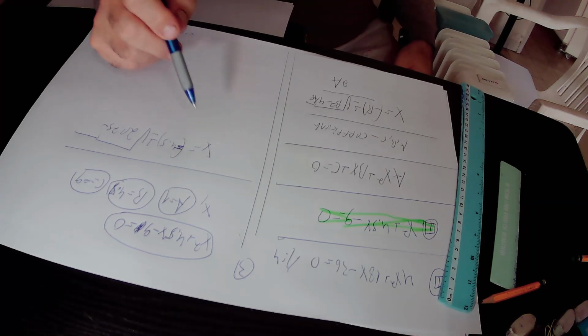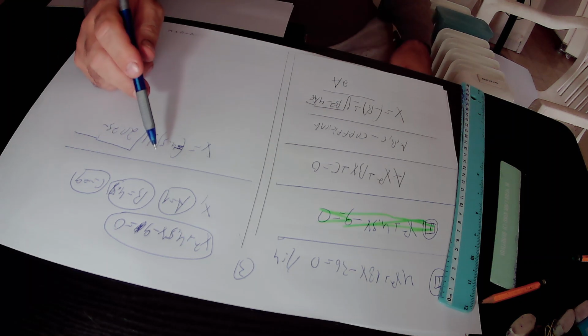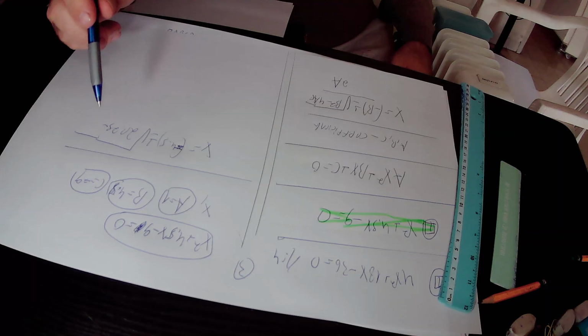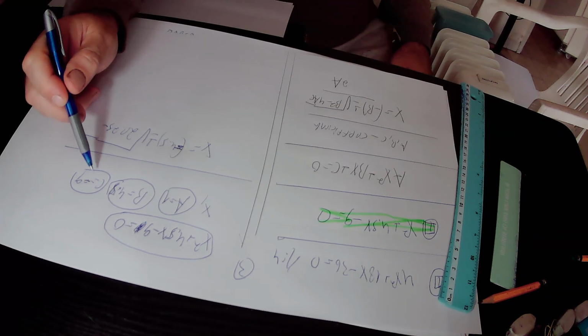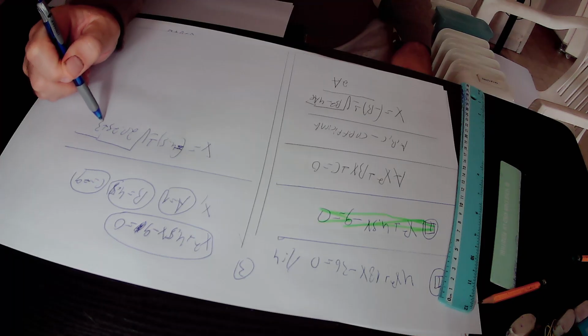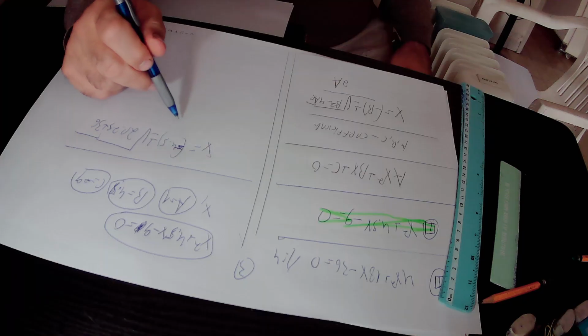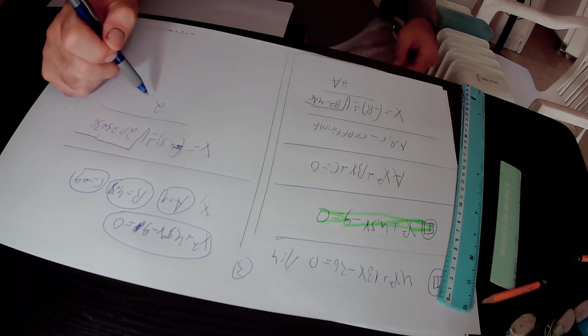So it is minus 4 times a, which is 1, times c. c is minus 9, and therefore minus 4 times minus 9 is plus 36. So inside the root we have 20.25 plus 36, divided by 2a. a is 1, so 2a is 2 times 1, that is 2.